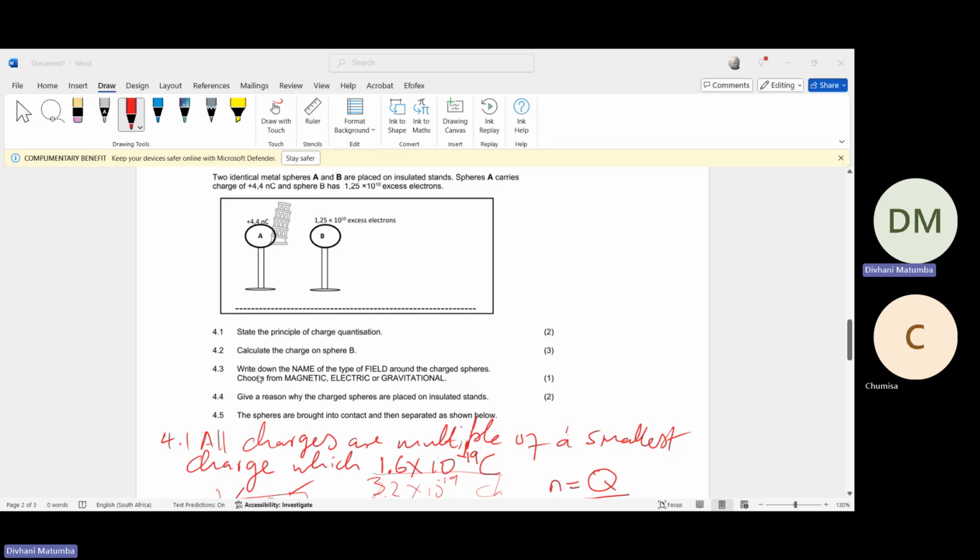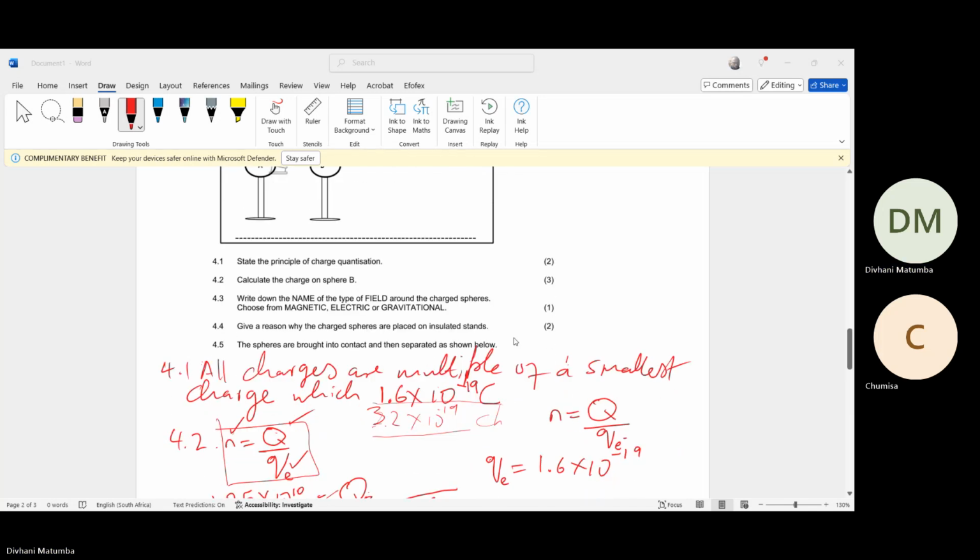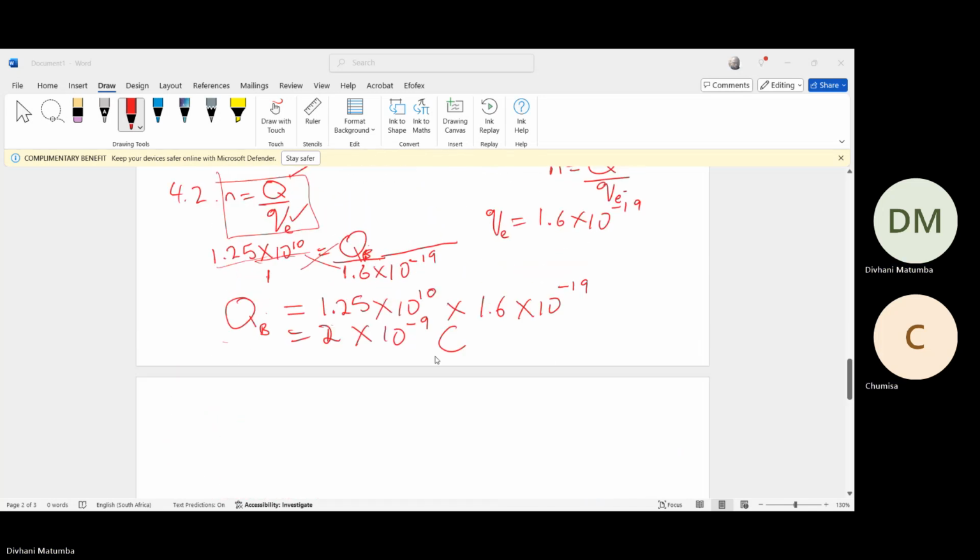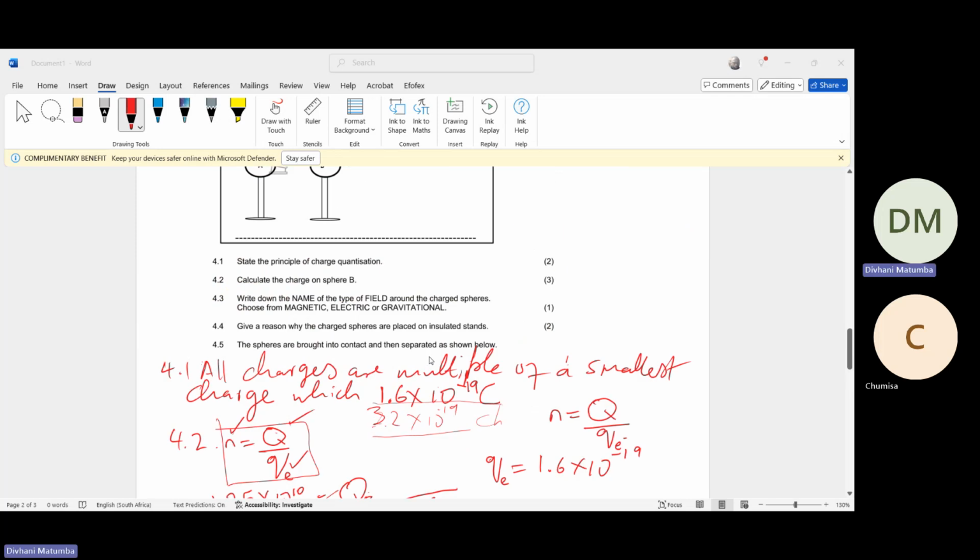Yes, sir. Okay. Write down the name of the type of field around the charged sphere. Choose from magnetic, electric, or gravitational. What do you think? I think it's going to be magnetic. Why magnetic?